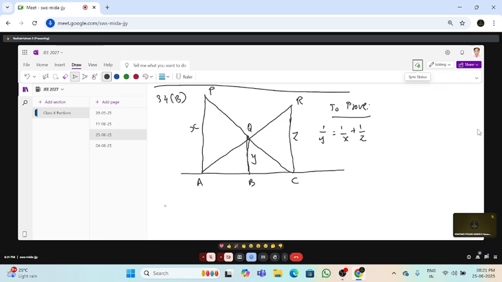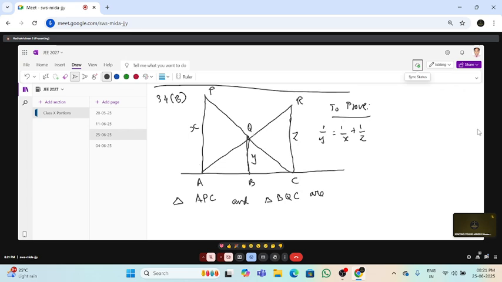So let me help with that. Look at triangles APC and PQC. What do you see about these two triangles? This is very similar to the previous problem, right?